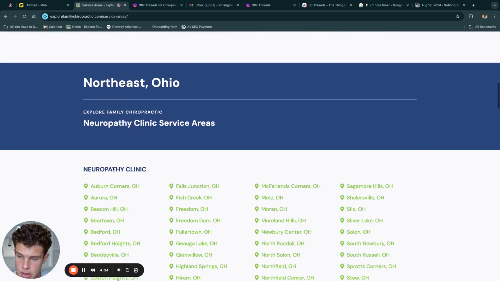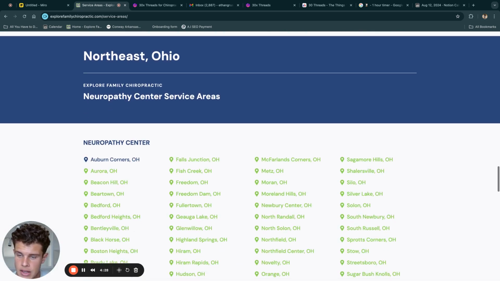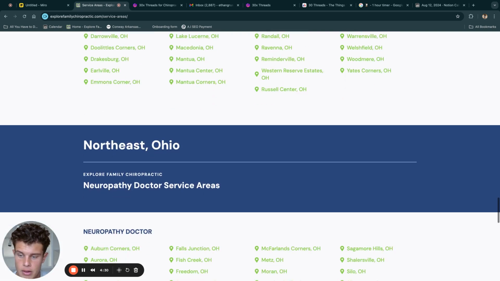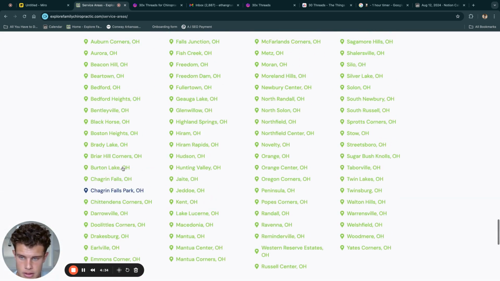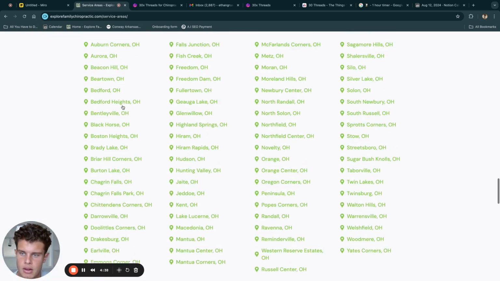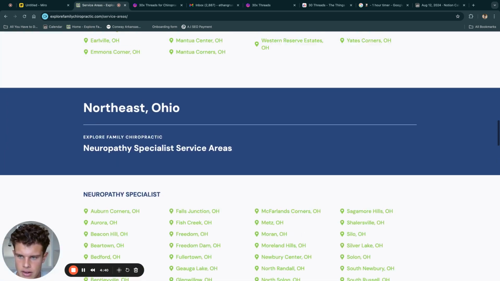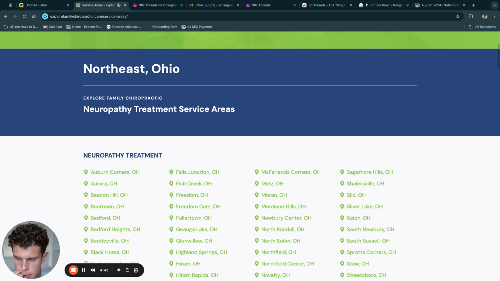They also have neuropathy clinic, neuropathy specialist, and neuropathy center. They also have neuropathy doctor too. So if we multiply these, let's say there are around 30 pages per search term. So 30 here, 60 here, 90 here, 120, 150. So they have 150 pages.